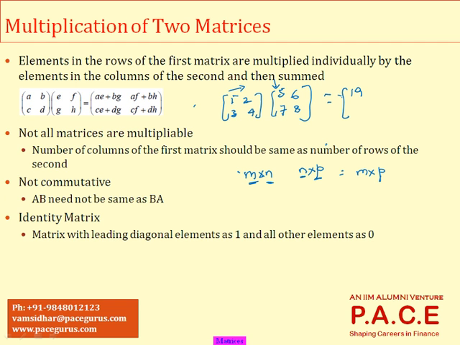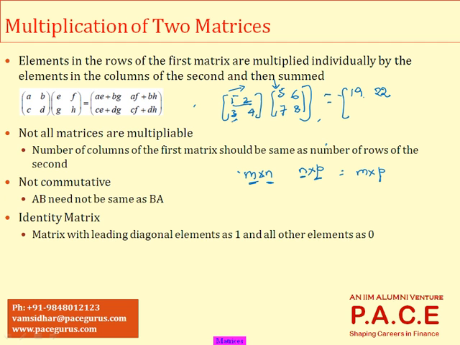So this will be the first element of the matrix. Then first row multiply with the second column: 1 into 6, 6. 2 into 8, 16. 6 plus 16, 22. This is the 1, 2 position, first row, second column, and it is 22.